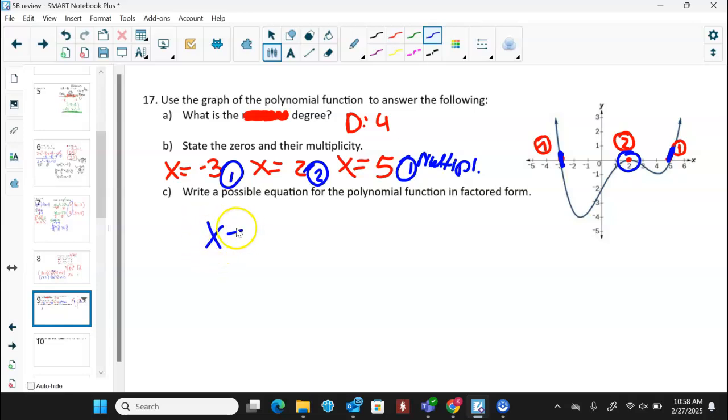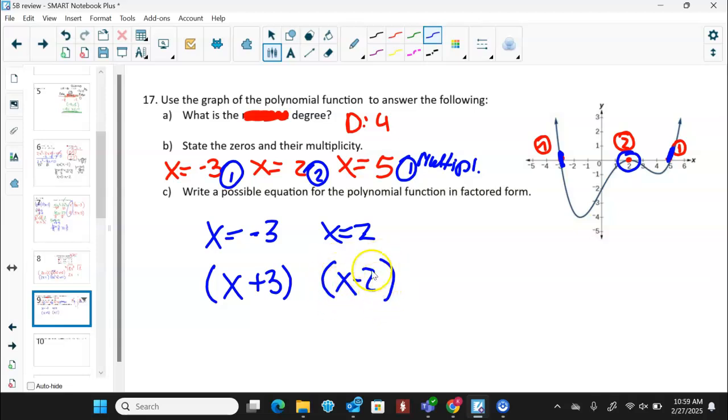So remember that what you see on the graph, x equals -3, in the factor form, it's going to be x plus 3. If this is x equals 2, it's going to be x minus 2, the opposite. And here, if you see x equals 5, it is going to be x minus 5. Why?